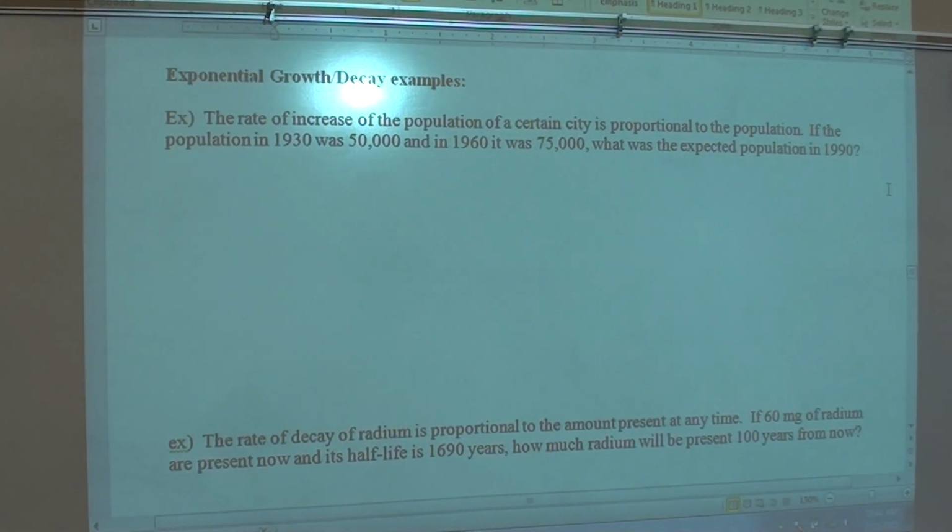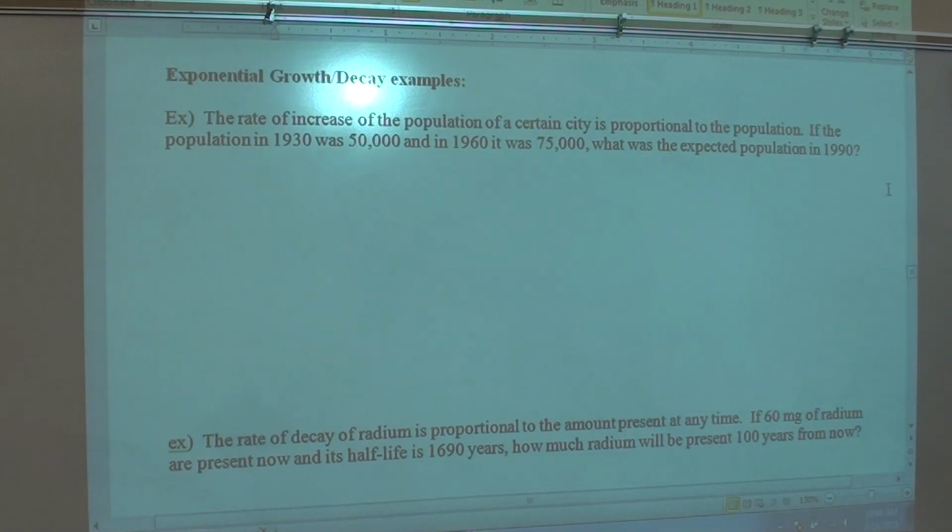So here's our first example. The rate of increase of the population of a certain city is proportional to the population. If the population in 1930 was 50,000, and in 1960 it was 75,000, what was the expected population in 1990? All right, so, how would we know?